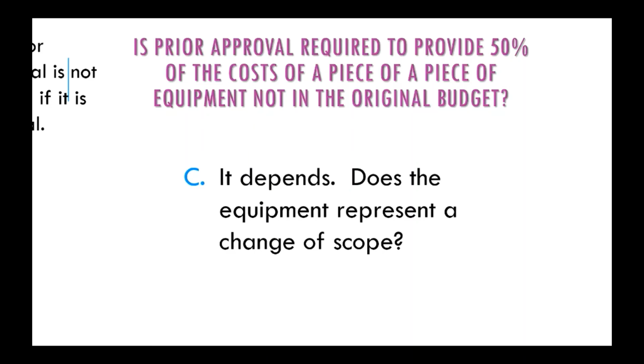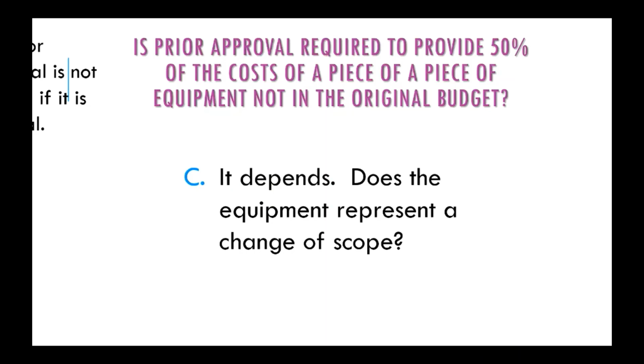Now, I do know some institutions that have conservative control of what's going on at their institution and do require prior approval if it wasn't in the original application. Can our institution do that? Your institution may have more restrictive policies and procedures than the NIH, but you can't have less restrictive. So it's not uncommon. We do see universities and hospitals that have that requirement that if it's not in the original application, it does require prior approval.